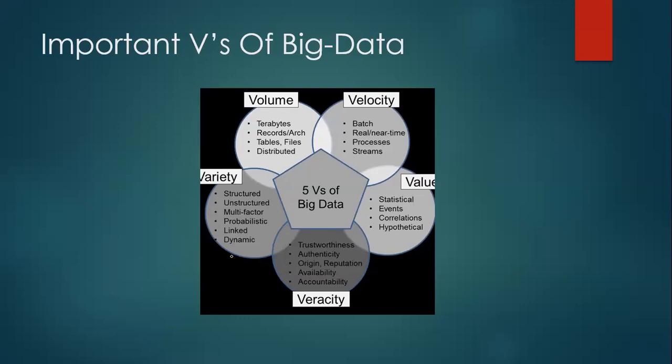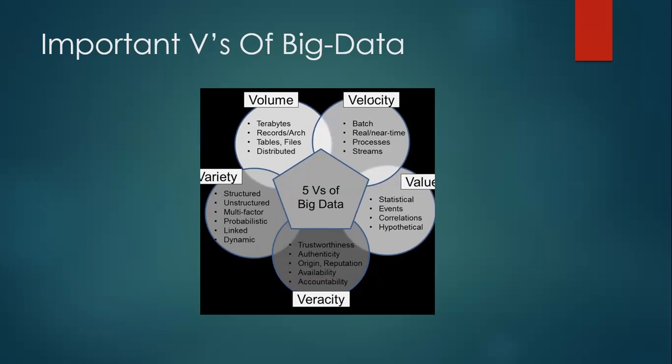During the earlier days, spreadsheets and databases were the only sources of data to be considered. But nowadays, emails, photos, videos, monitoring devices, PDFs, and audios are also considered types of data, which come under unstructured, structured, and semi-structured data as well.